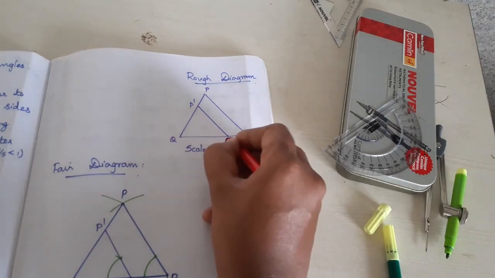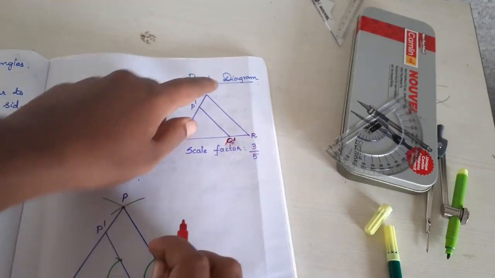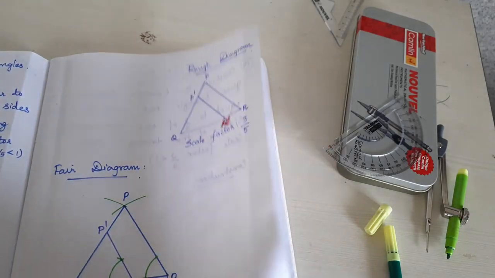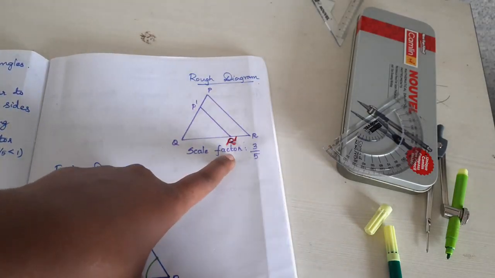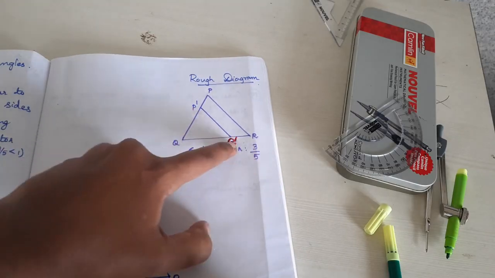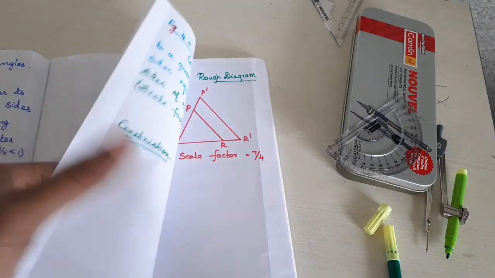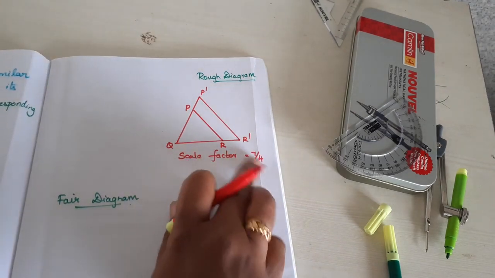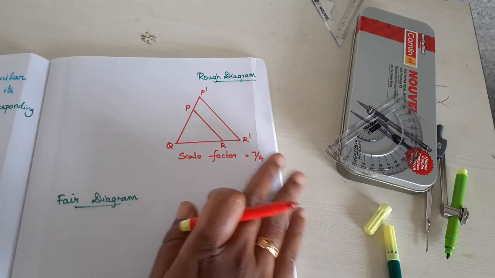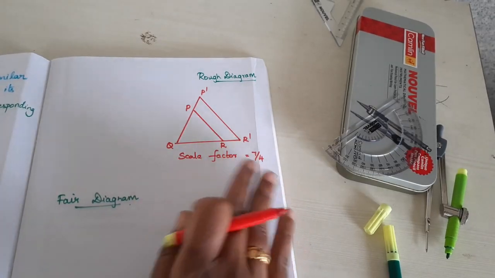Here also it is R dash. Here R and R dash. P dash, R dash. Sorry for the mistake. Okay. So see the difference in the rough diagram. We are going to compare. For proper fraction, the dash symbol will come inside. Here for improper fraction, 7 by 4 is improper, the dash symbol will come outside. That's all. But other than that, everything same only.